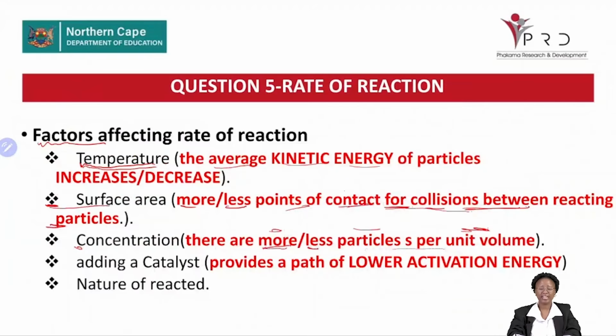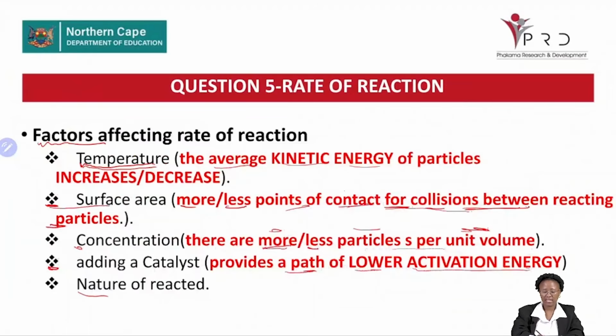All right. And then the other factor that is affecting the rate of reaction is adding a catalyst. Now, adding a catalyst provides a path of lower activation energy, and then more effective collisions per unit time, and more particles will have enough kinetic energy to react.